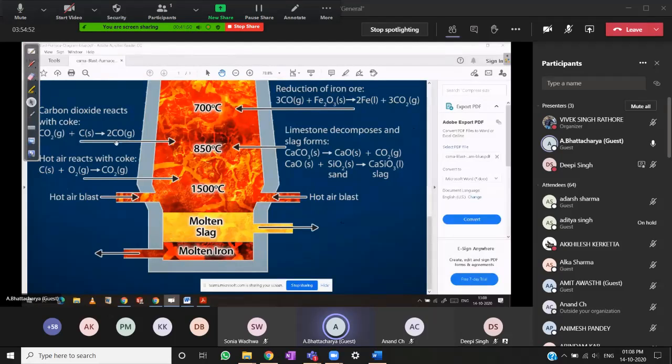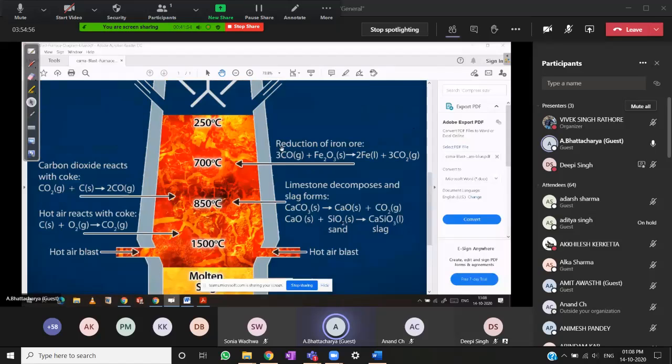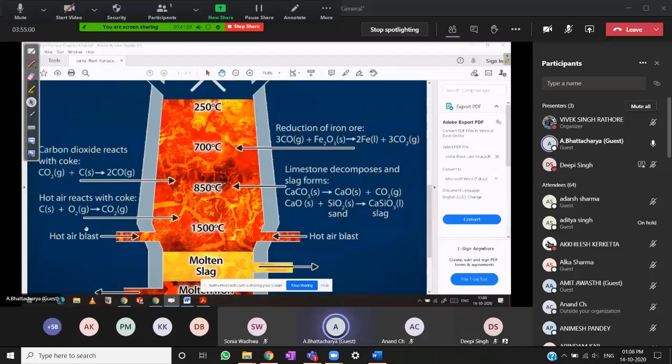At the bottom, hot air reacts with coke to form carbon dioxide, then carbon dioxide is split into carbon monoxide. This is a very poisonous gas, carbon monoxide. This is actually responsible for reducing the iron ore.